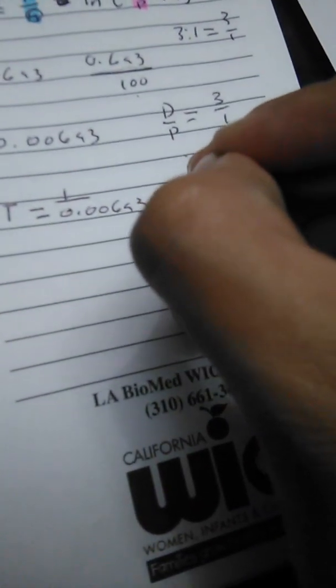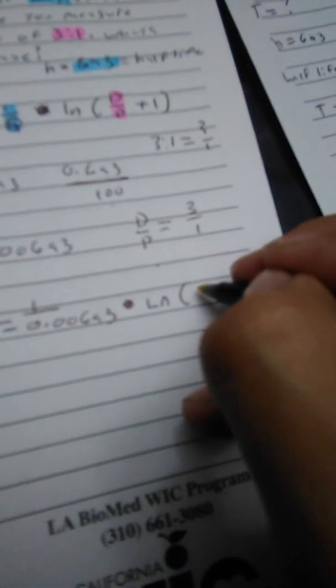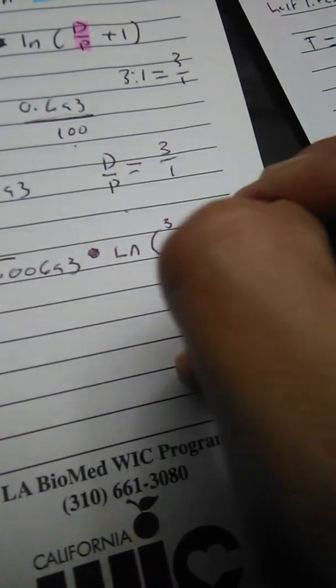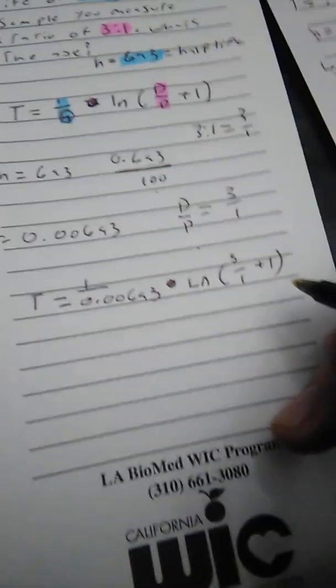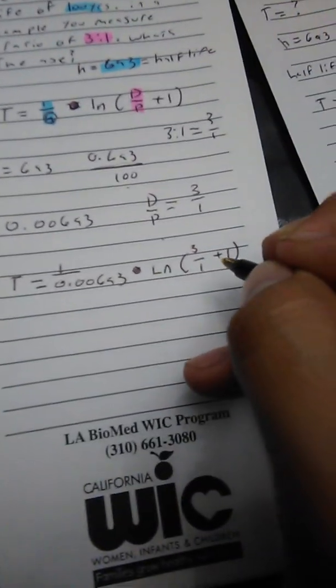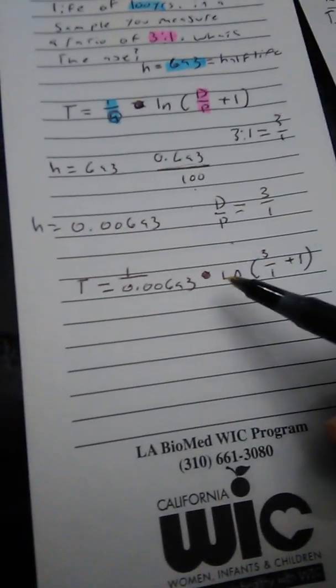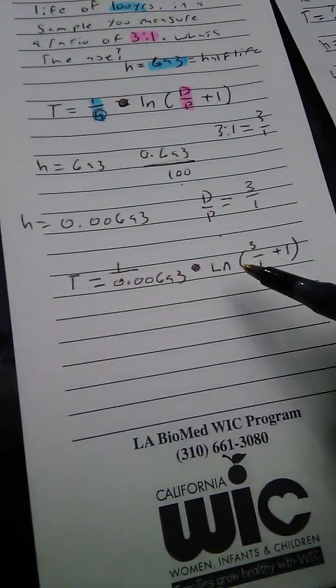Times, sorry, I put equal, but it's supposed to be times ln, parentheses, and then what's dp? dp is 3 over 1, plus 1. Okay, so now you have your formula set up. And this was the hardest part. The rest is easy because you're just going to do it.